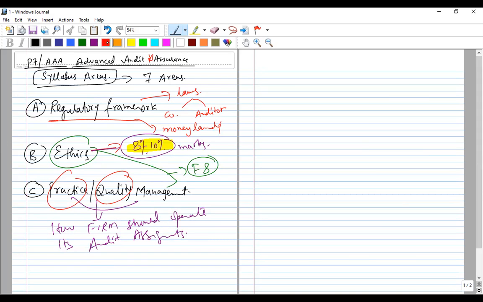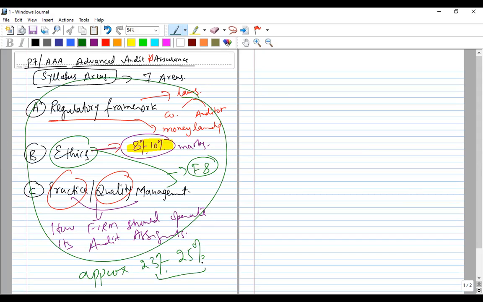Collectively, all the 3 sections are worth approximately 23 to 25 percentage of the paper. If you practice these sessions, you can assure yourself that you will achieve at least 23 to 25% marks. Practice and quality management, I will be discussing further.